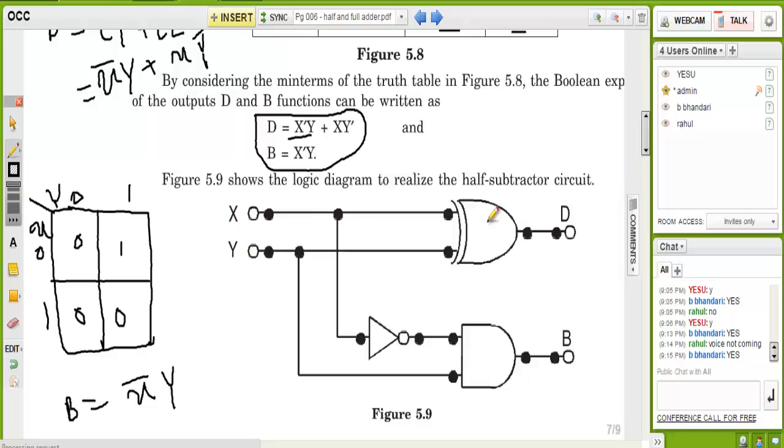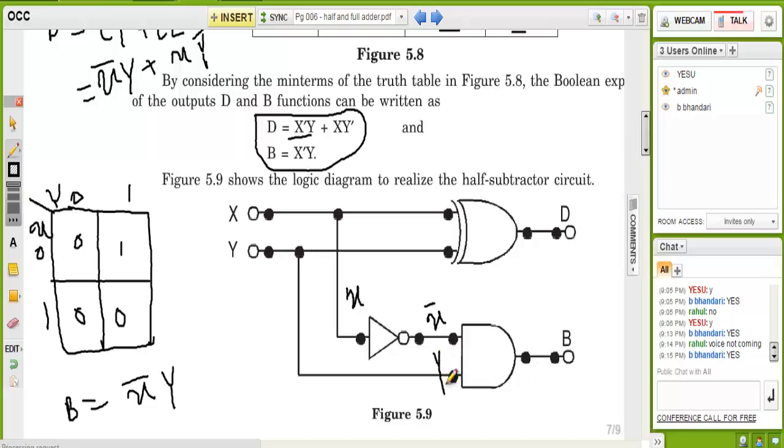Now we get the borrow. The relation of borrow is x bar y. So we need an AND gate. See here, we use an inverter. That is why here we get x bar, because from that position the inverter gets x. Now after this inverter we get x bar, and here we directly get y.